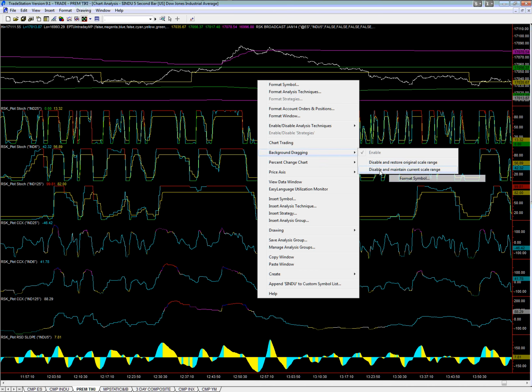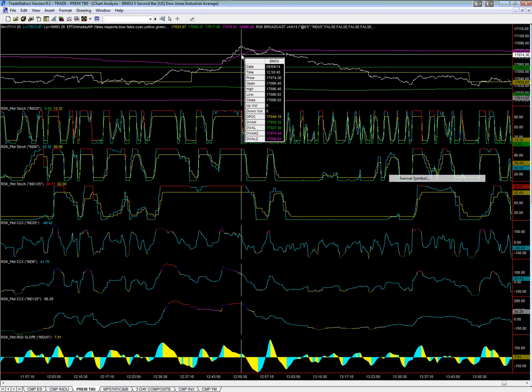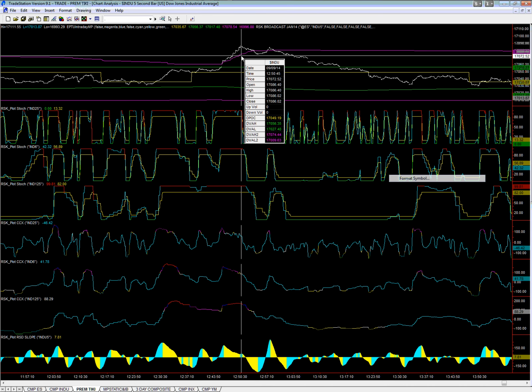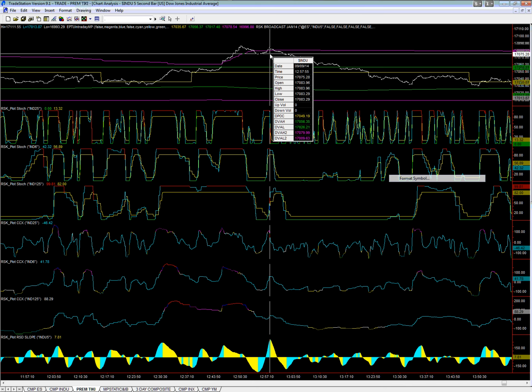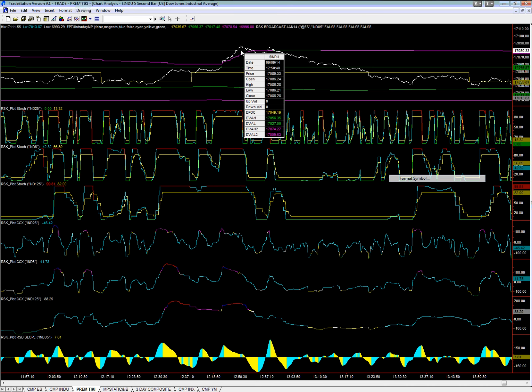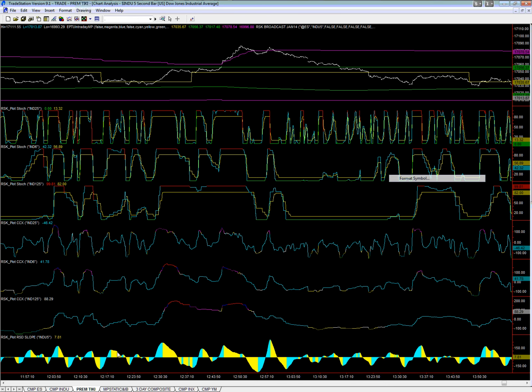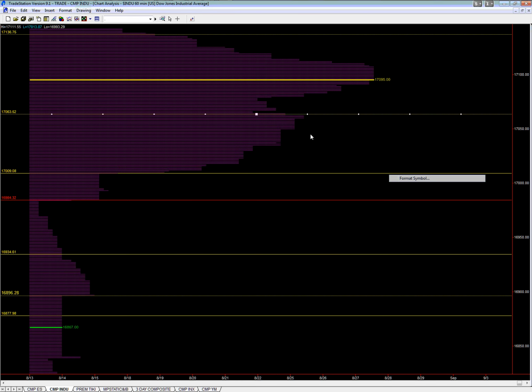Let me get my cursor here. To right in here at 17,086. I think that was at 83. Yeah. So 86 is as far as she goes. 86 and change. Where does that show up on the chart?